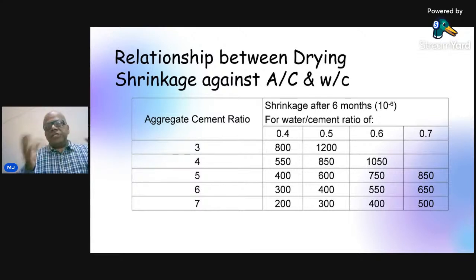And this cracking is a major problem for a concrete supplier, for a contractor who is doing the job, for the project management consultant, for structural consultants, because they all know that through these cracks tomorrow the environmental agents will go inside and they will spoil my reinforcement. The corrosion of reinforcement will begin. So plastic shrinkage is a challenge for all of us.